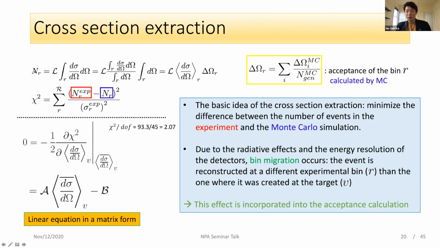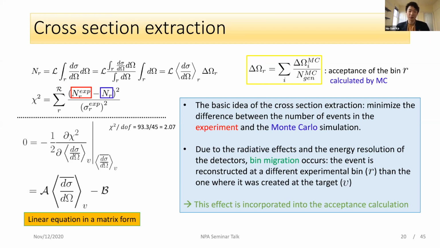The number of events detected at the detector, bin R, can be decomposed into the multiplication of the integrated luminosity, the average cross-section over bin R, and the acceptance of bin R. Since we know the number of events and the luminosity from the experiment, and we calculate the acceptance by Monte Carlo, we get the cross-section.